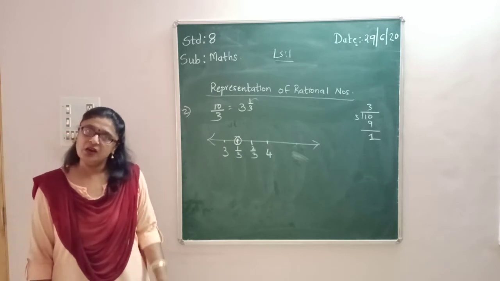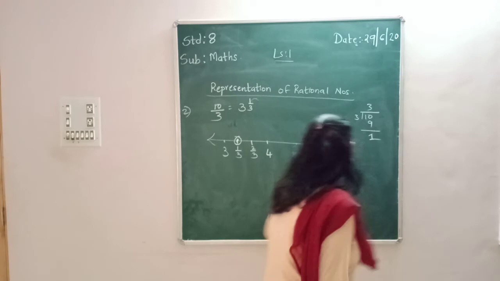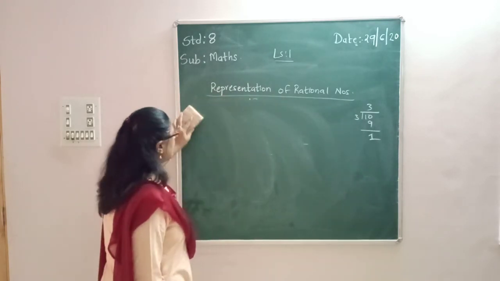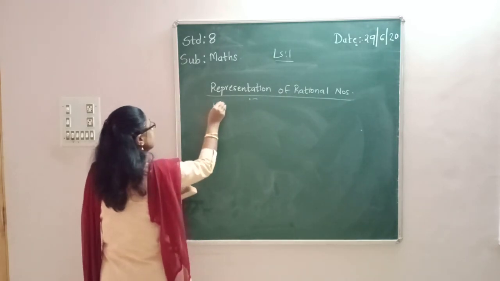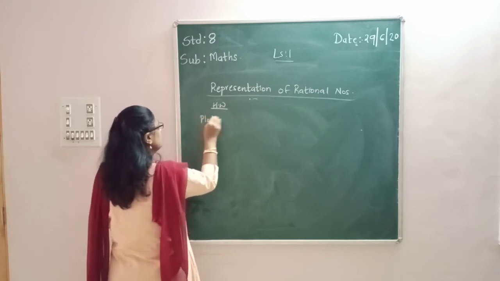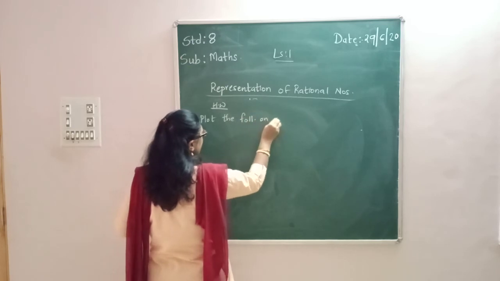Is that clear? So I am giving you homework. Please do the plotting and representing on the number line. I am giving you 3 sums. Plot the following on a number line.